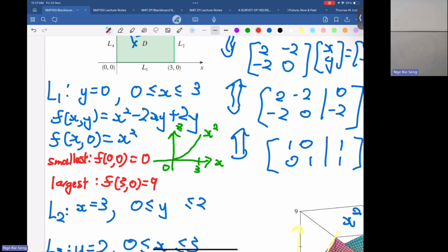So what can you do? You reduce to the calculus one case. You also do first derivative. Okay, and then you find where's the maximum, minimum. And then you check on the boundary. Where's the boundary in this case? 0 and 3. Okay.